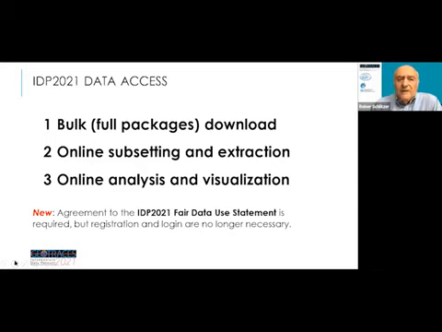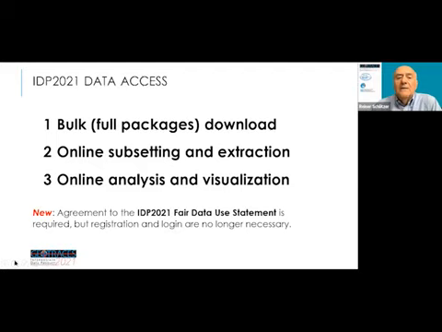Very often, you don't want the full package. Maybe you are focusing on a specific domain. Maybe you are focusing on a specific range of parameters. For those people, we have set up an online service that lets you subset.